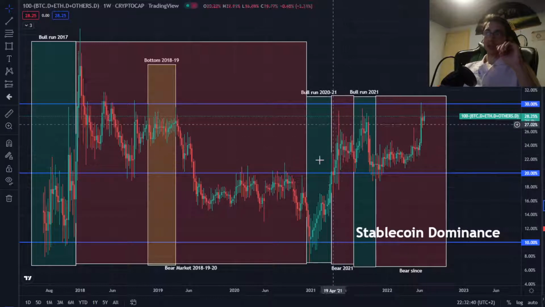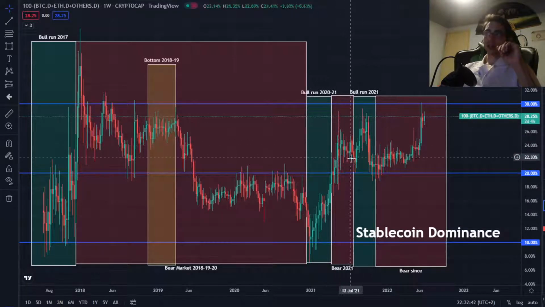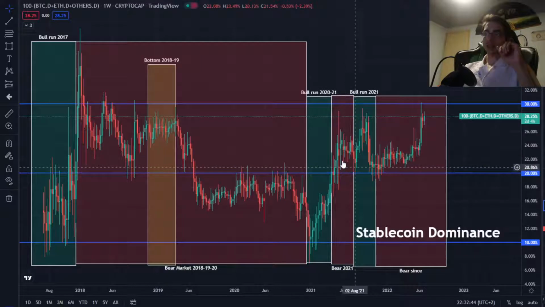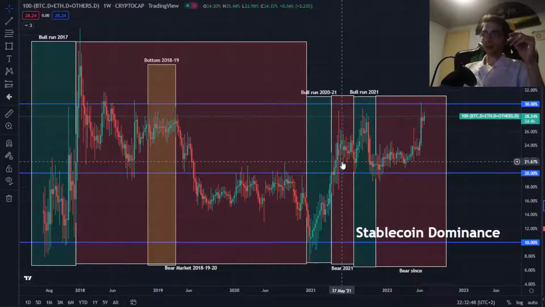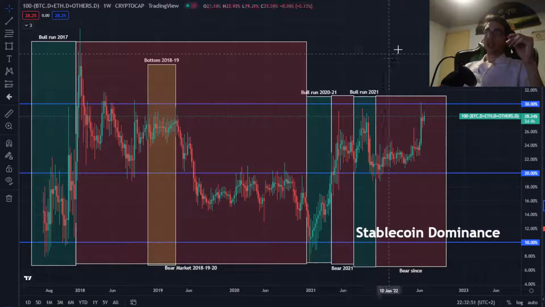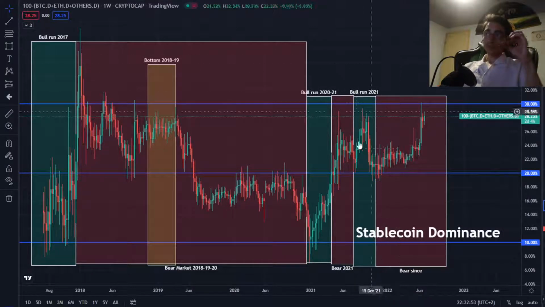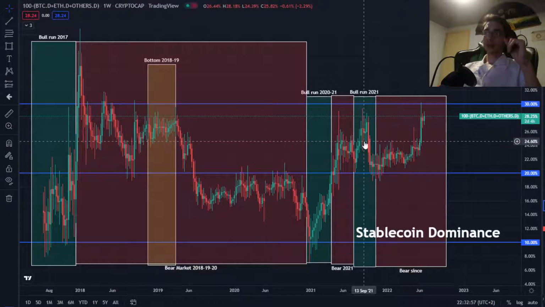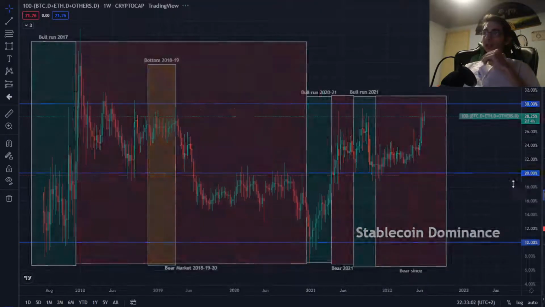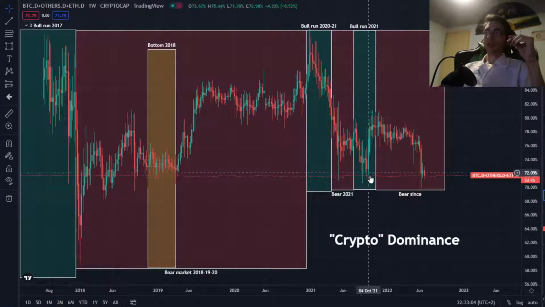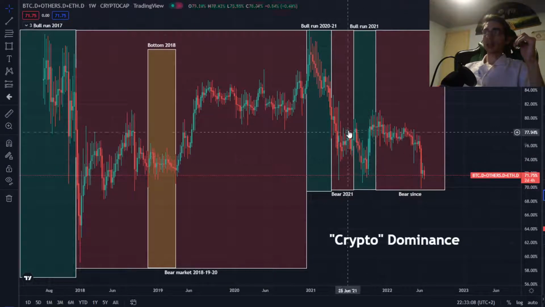Here we had this peak that took us a little bit down during the last 2021 May, June, July drawdown, and then it rose again, re-entering the side of the market for the stablecoin, and putting down again, having a drawdown instead in the crypto dominance itself.